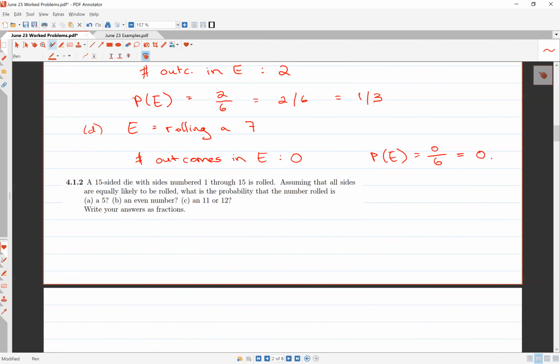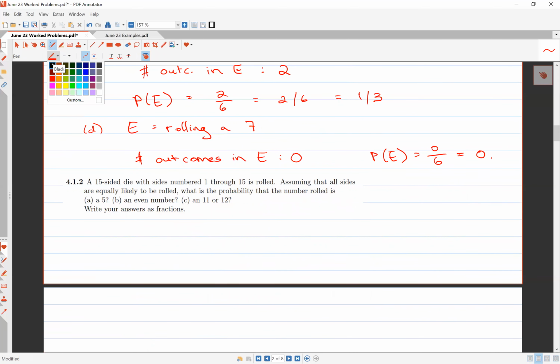Okay, so on our next example, we're dealing with a 15-sided die. Now, maybe you've never seen a 15-sided die. That's okay. You can imagine having a die with 15 sides numbered 1 through 15, and we're assuming all those sides are equally likely to be rolled.